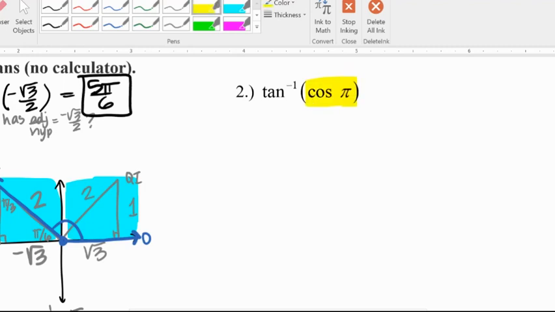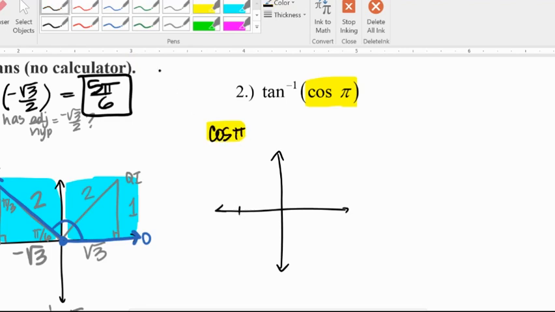So cosine of pi, they've given me the angle already, so they're asking me for cosine, right? Cosine is adjacent over hypotenuse when you're dealing with right triangles, but in this case, think about it. Where is pi? Okay, so right now I'm focused on finding cosine of pi.